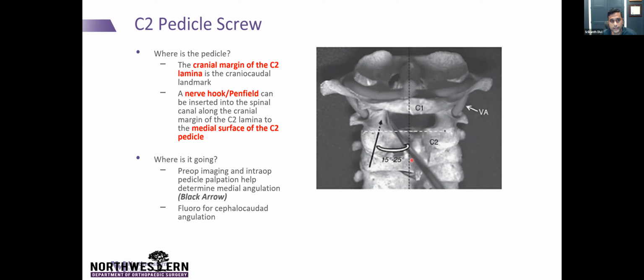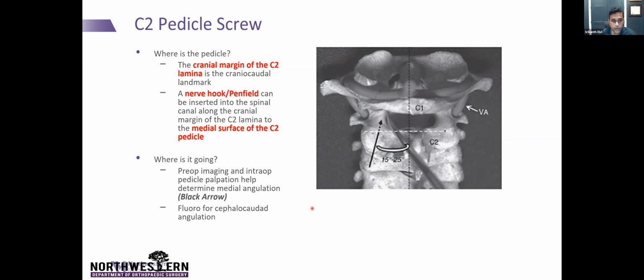So once you identify that, you can get your landmarks for your pedicle screw. Your cranial-caudal starting point is going to be this superior edge of the lamina where it falls off. And I like to start a little bit more lateral than they're picturing here, aiming towards where I put my Penfield in the canal, to see exactly where the medial border of the pedicle is and aim towards it. It's going to be around that 25, 30 degree range.